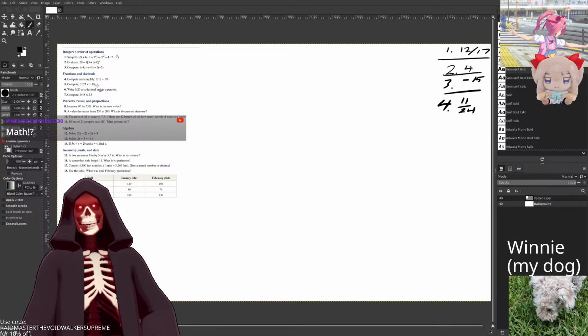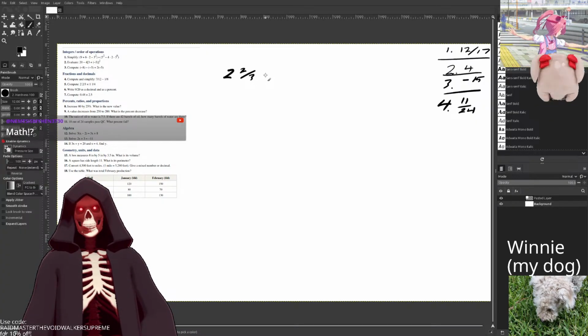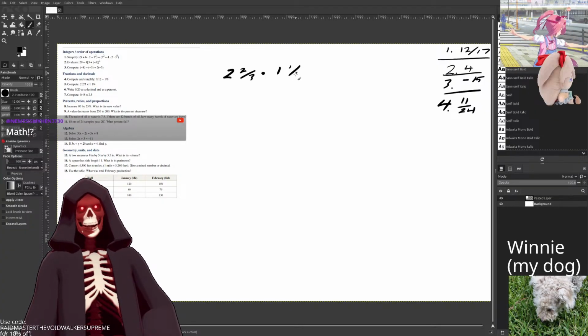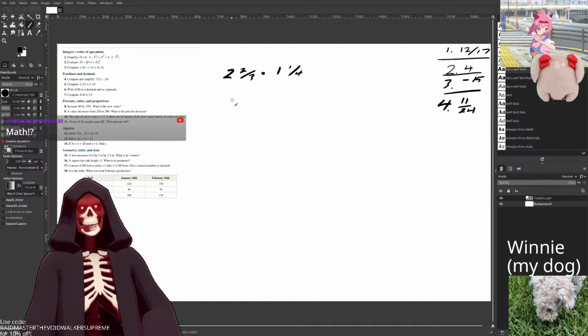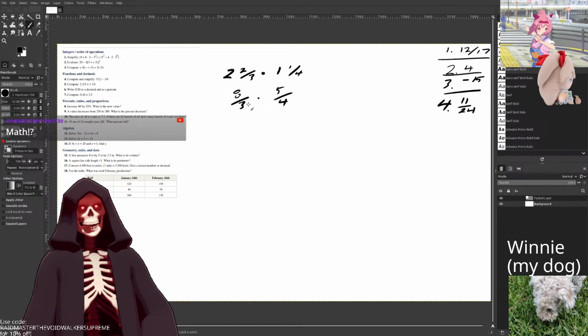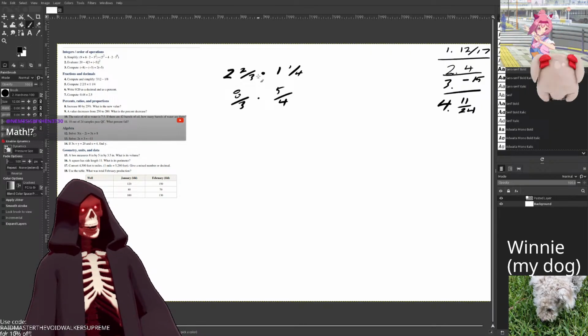Okay, number 5. It computes 2 and 2/3 times 1 and 1/4. That's really simple. We'll take this and turn it into pure fractions. So that's 8 over 3 times 5 over 4. Simple, we'll multiply, actually, well, no, because it's 2/3.